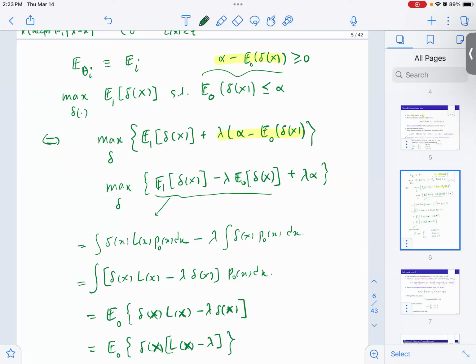Because it's a linear program, if you think of these as integrals, this is a linear function of delta, and this is also linear, so it's like an infinite dimensional linear program. It falls within the convex optimization framework, and if you're interested, you can look at Keener's. He provides a rigorous proof of this.